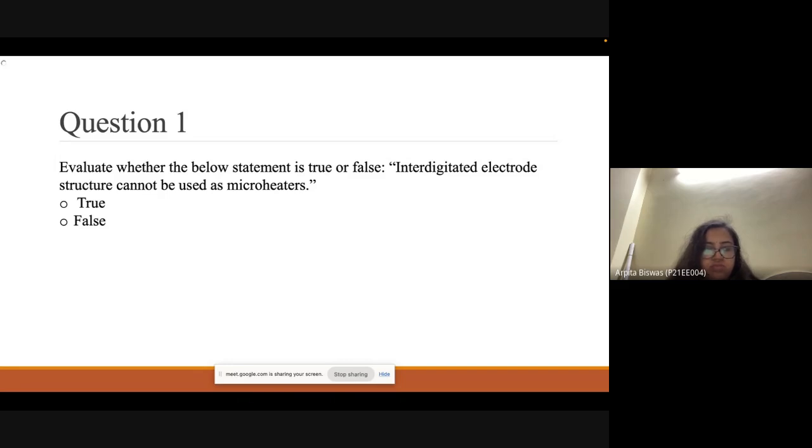So the statement is true. Interdigited electrode cannot be used as a micro heater. Can anyone explain why?